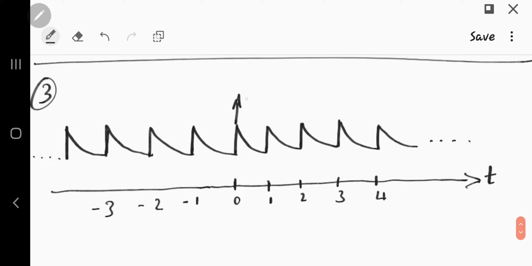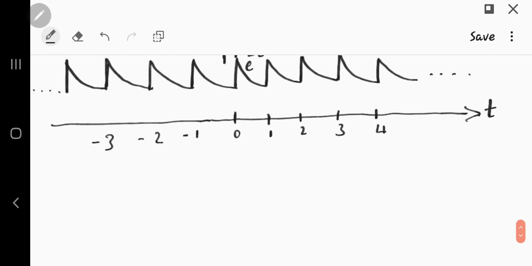So this part is given as x of t with an amplitude 1, and here the signal is represented as a decaying exponential e power minus t. Now this is the given signal.